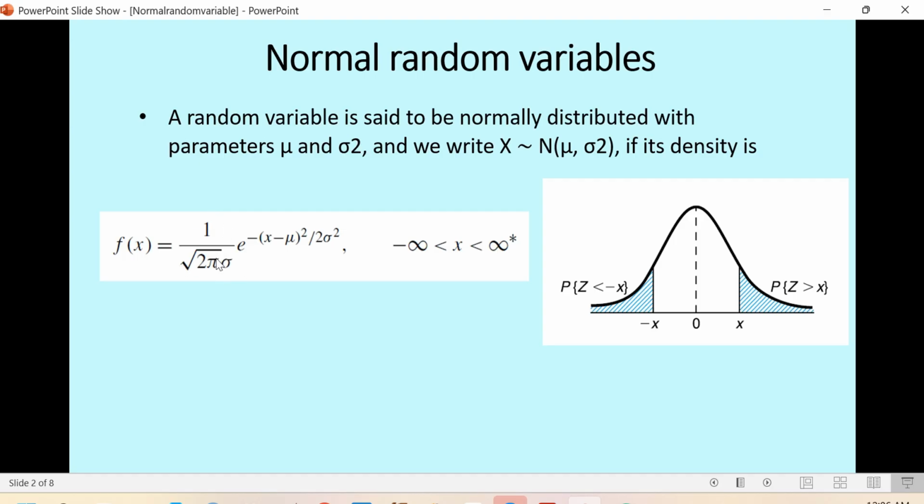Then this factor times e, which is the scalar number 2.718, with a power of minus x minus mu, squared, divided by 2 times sigma square. So this random variable can take values between negative infinity and positive infinity.